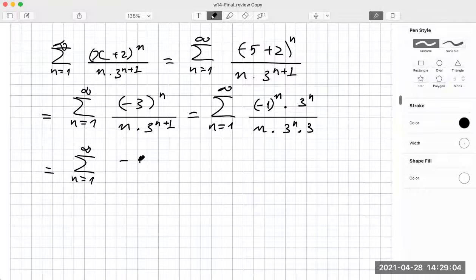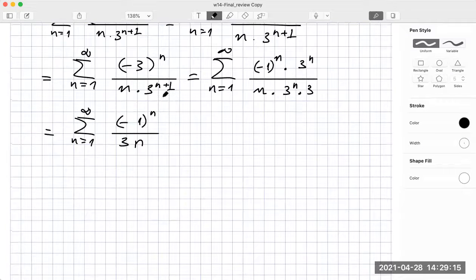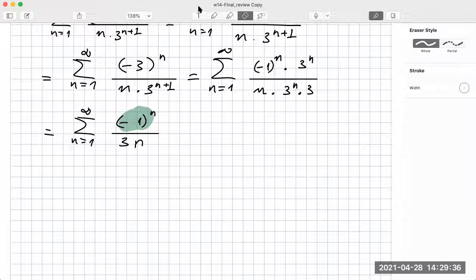It becomes (negative 1) to the n over 3n. Okay. It is easy to see that this is an alternating series where the limit of 1 over 3n is 0, and it is decreasing. It is easy to see that this series converges.